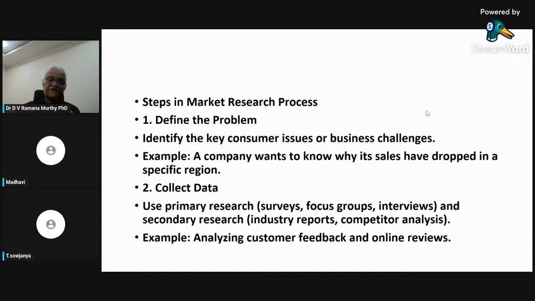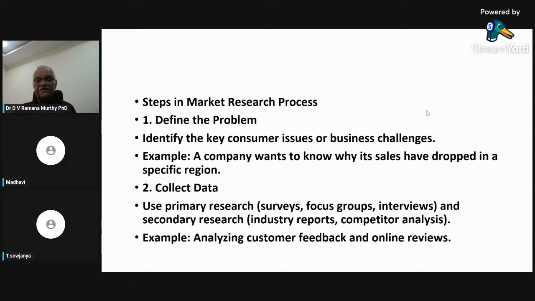And secondary research is where you can review industry reports already there by the governments or research organizations. You can go for competitor analysis also. So you have to analyze customer feedback and online reviews, whatever may be the methodology. Either you can go for primary research or secondary research.